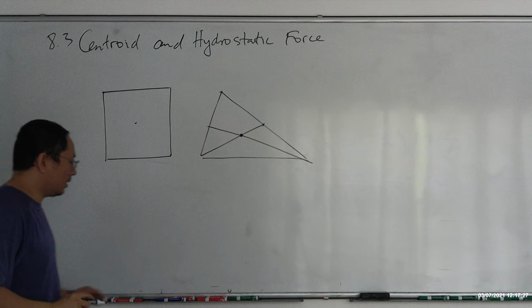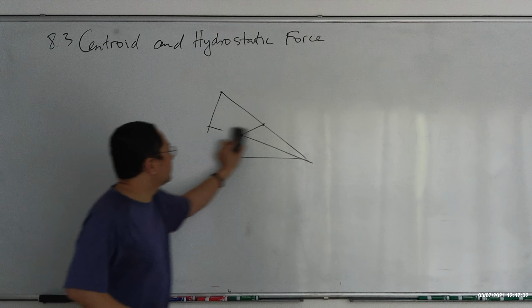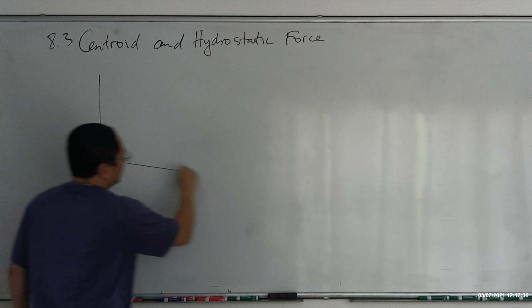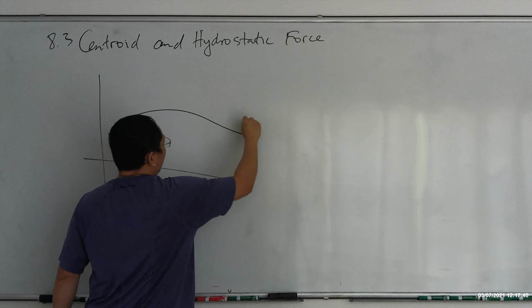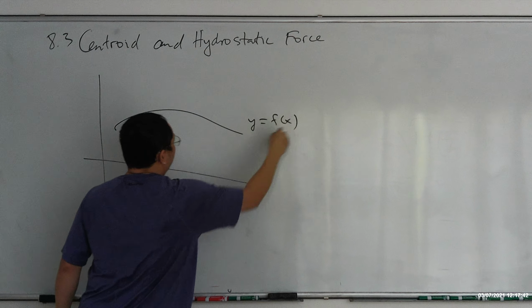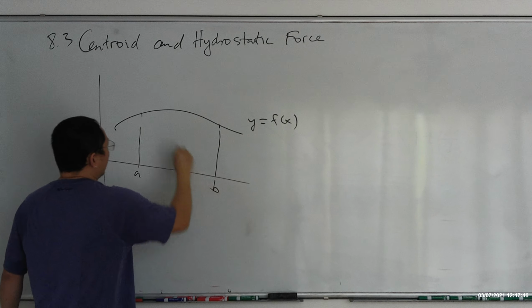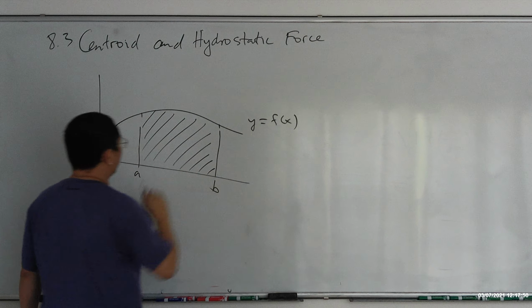So in calculus, what you're going to see is this. You are looking for the center of mass of random objects. You have a function f of x right here, y equal to f of x, and then you bound it from x equal to a all the way to x equal to b. And you have this piece of material right here.